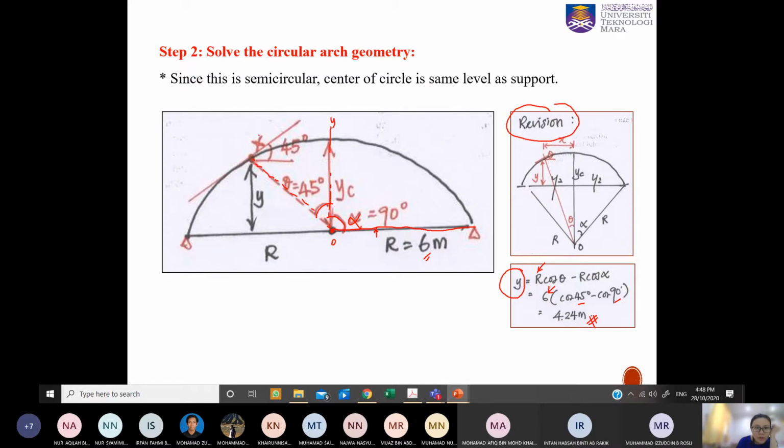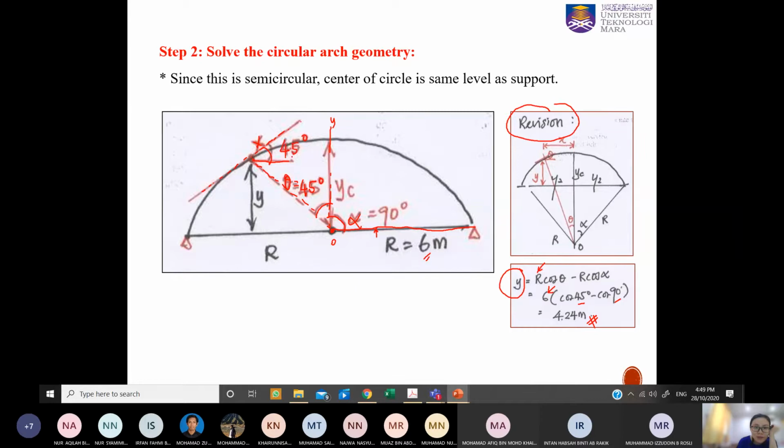Now when you want to determine the internal forces at X, you draw a tangent line through this X, which is on the arch. So this 45 degree theta here should be the same as this 45 degree.